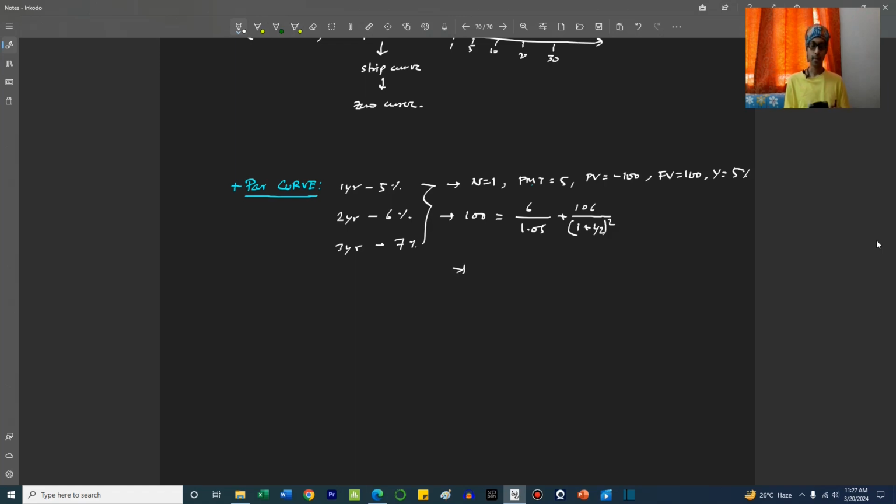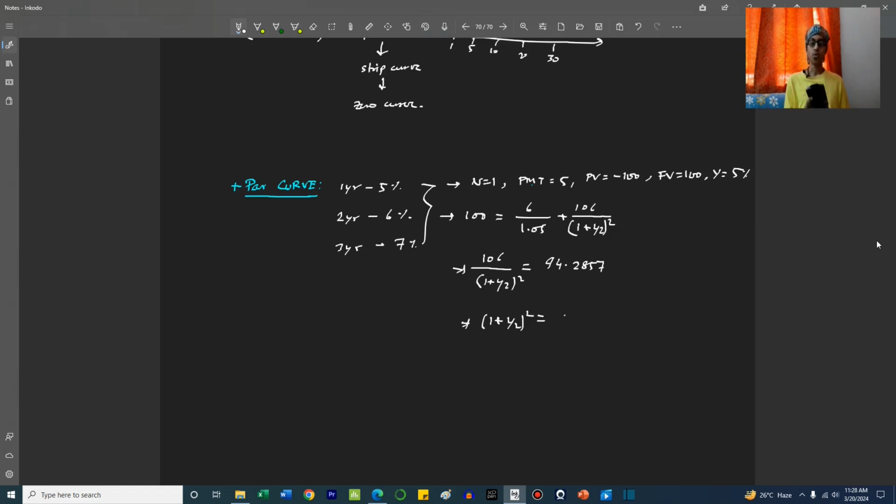This implies 100 minus 6 divided by 1.05, this is equal to 106 by (1 plus y2) square, which is equal to 94.2857, implying (1 plus y2) square is equal to 94.2857 divided by 106.